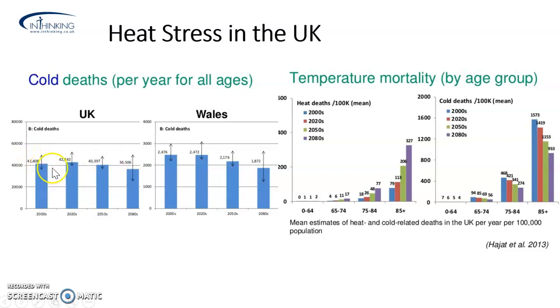So you can see from the 2000s to 2080s, we expect to see a decline in cold deaths. This is just showing the same for Wales. And we see it for different age groups here. From 65 to 74, we see a decline in cold deaths. At 75 to 84, we see a more significant decline. But in the most vulnerable group in our population, we're seeing that rapid decline in cold deaths. And that's mirrored, or is that the right word?